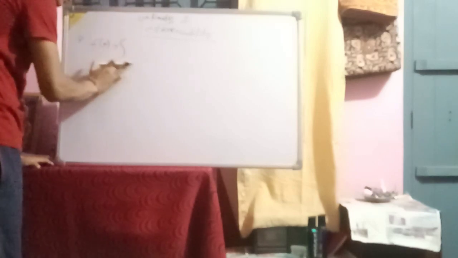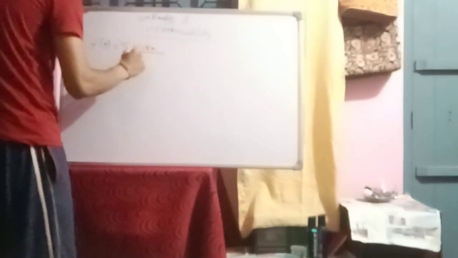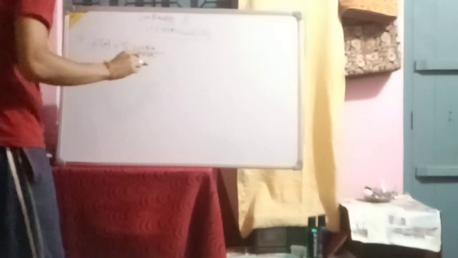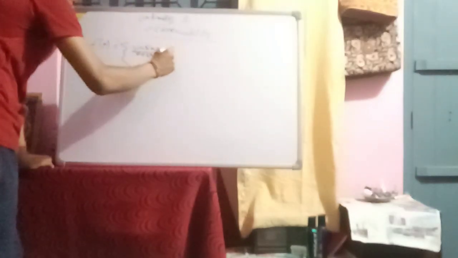This function is sine 5x over x square plus 2x when x does not equal 0, and this function becomes k plus half when x equals 0.